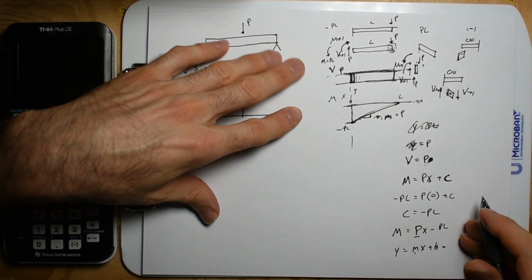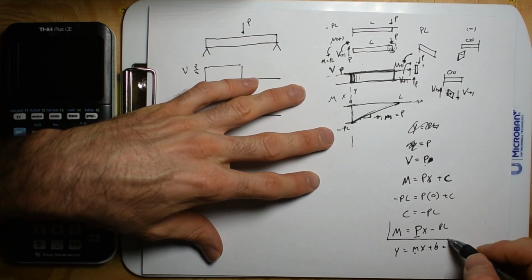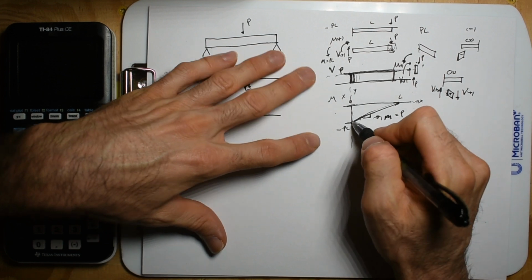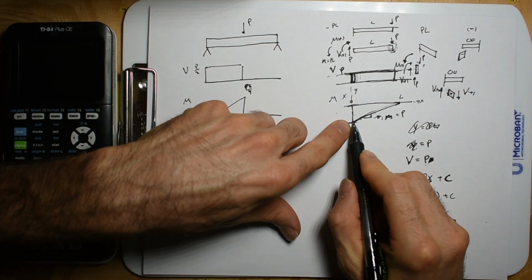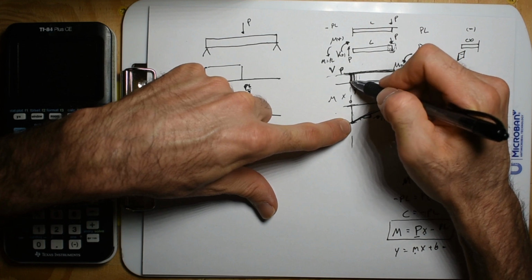Holy Toledo! I guess you still need a starting point. So at x is equal to 0, the moment is negative PL, so I'm already over here. And then integration says as I walk along this, I have this area right here.